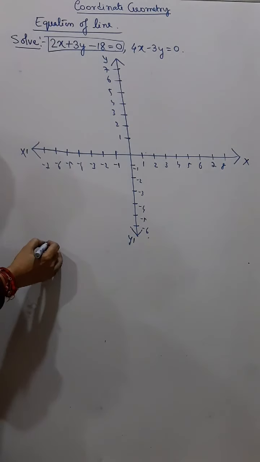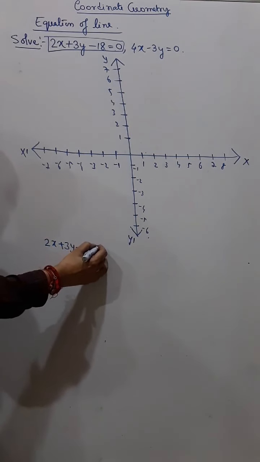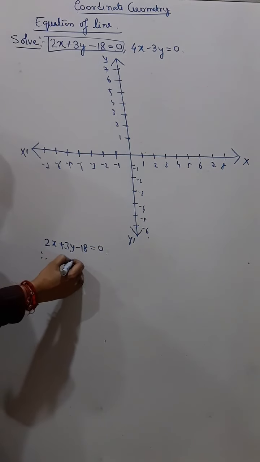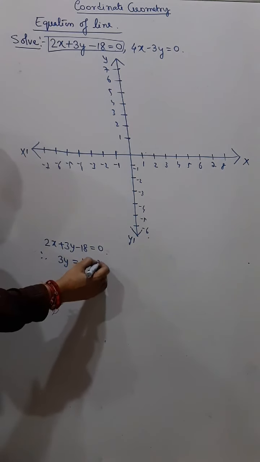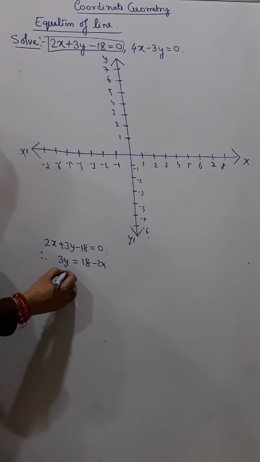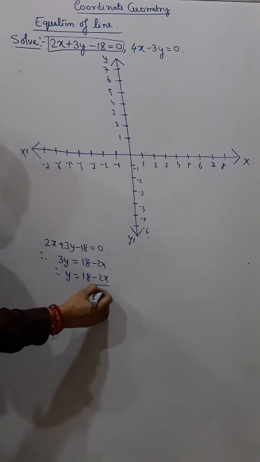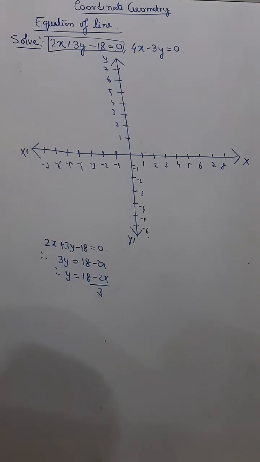Say this one, 2x plus 3y minus 18 equals 0. Then 3y equals 18 minus 2x, and then y equals (18 minus 2x) by 3. Understand? So you have to convert the equation in terms of y.